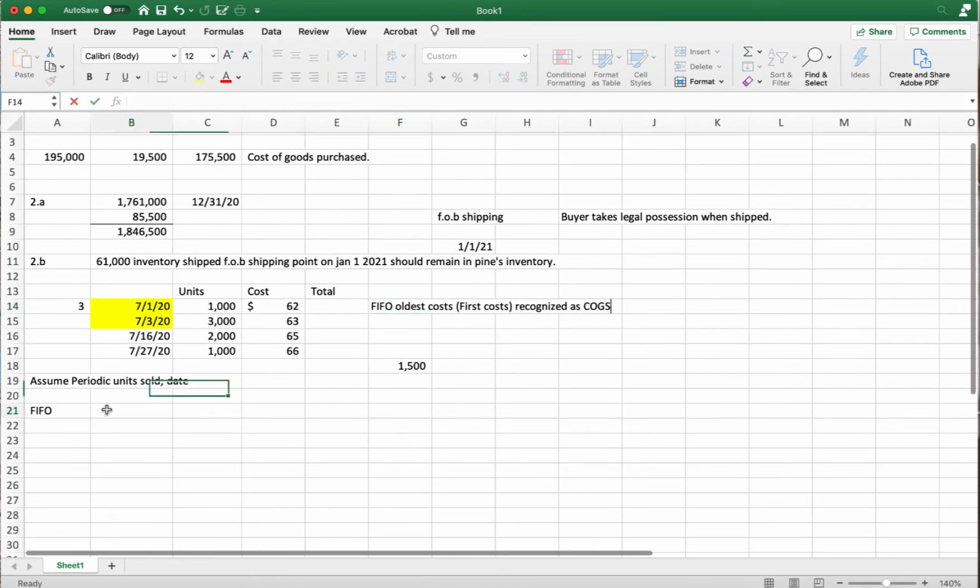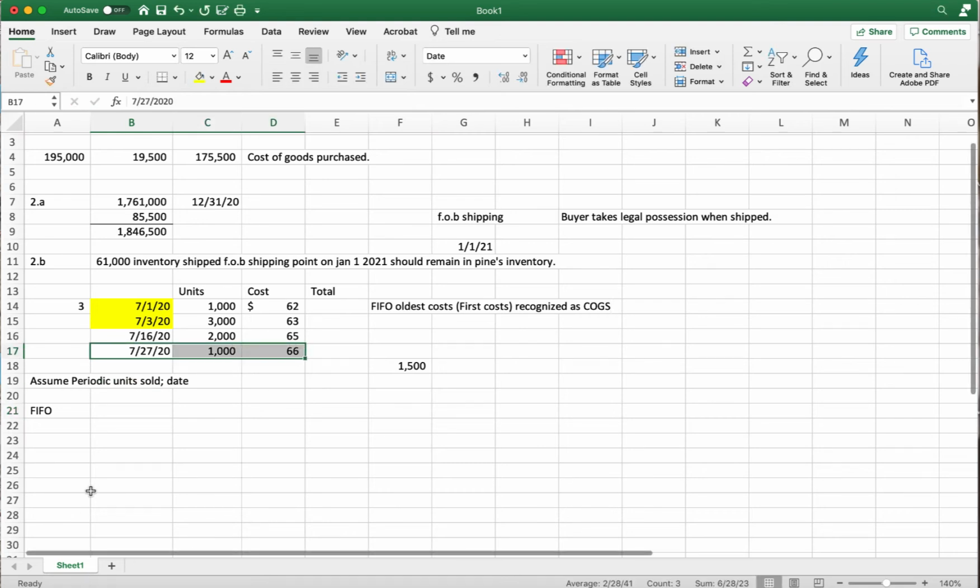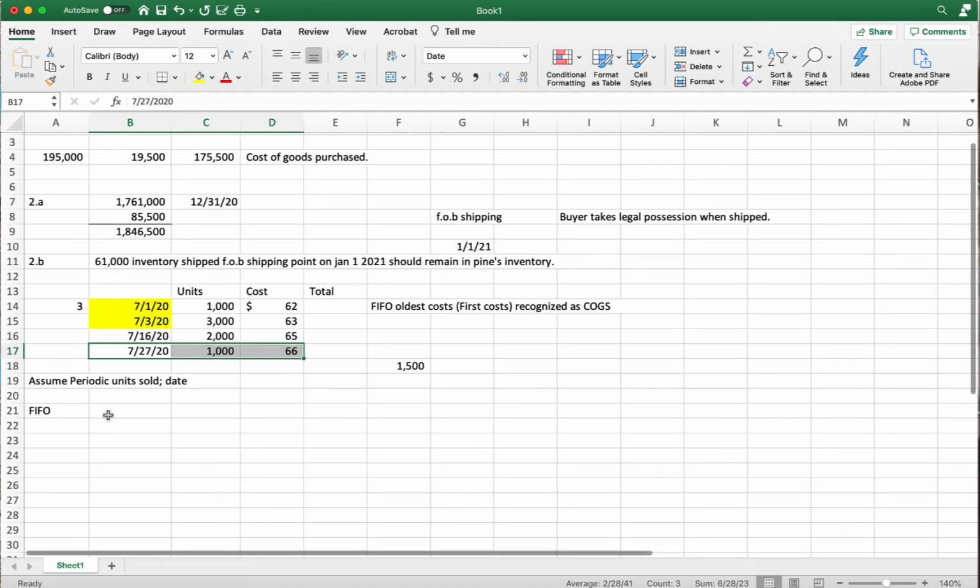So first thing I'm going to do is look at this lot right here, which is 727.20. That remains in ending inventory under FIFO.